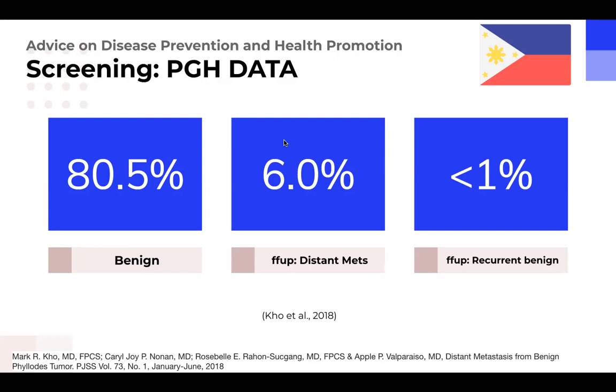So most likely, it was initially read as benign, as diagnosis, and then on follow-up, there was 6% with distant metastasis. Yes, sir. Is that how I should interpret it? Yes, sir. Then the 1% recurrent, maybe local, to contrast it to the distant. Yes, sir. It's a recurrent local Phyllodes tumor, sir. That 1%, less than 1%. Yes, sir. Okay.